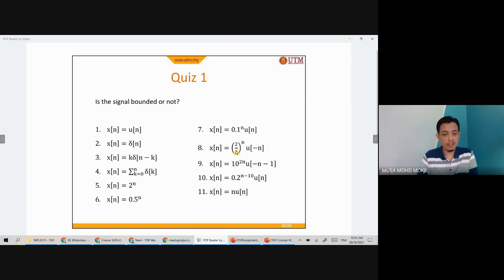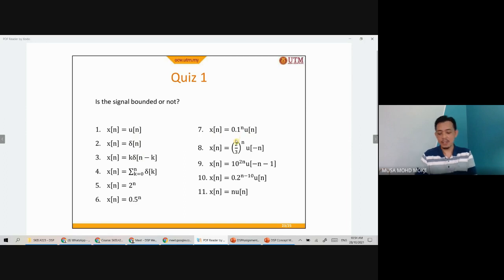Why is this not a system? Because it doesn't have input and output. It just has some equation representing the signal. It's not a system because there is no y[n].